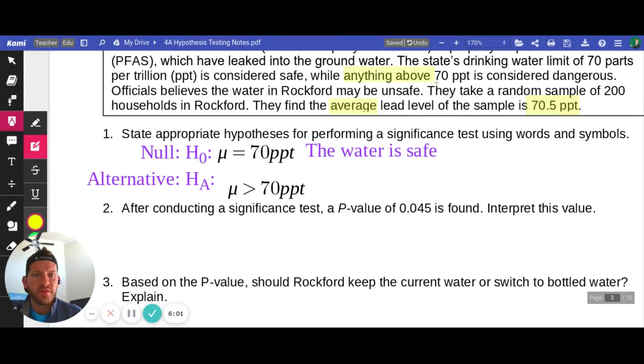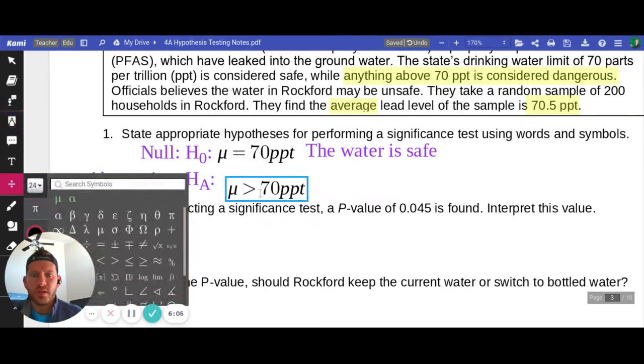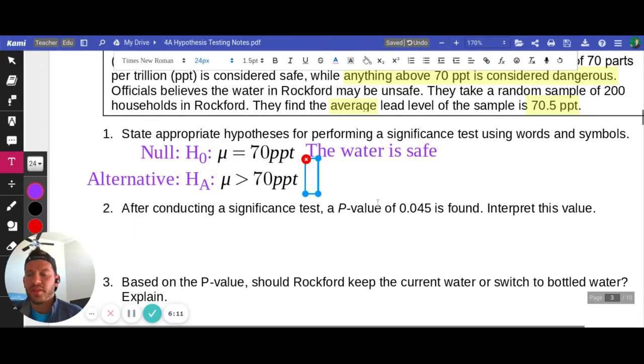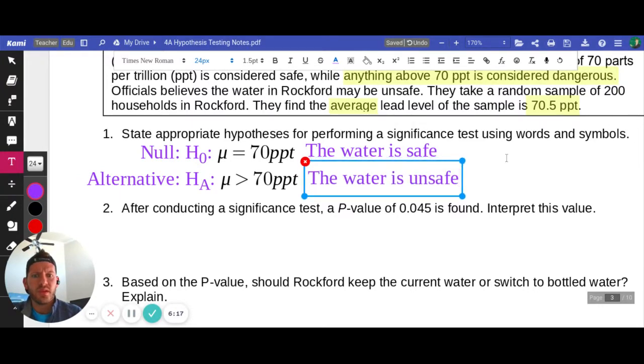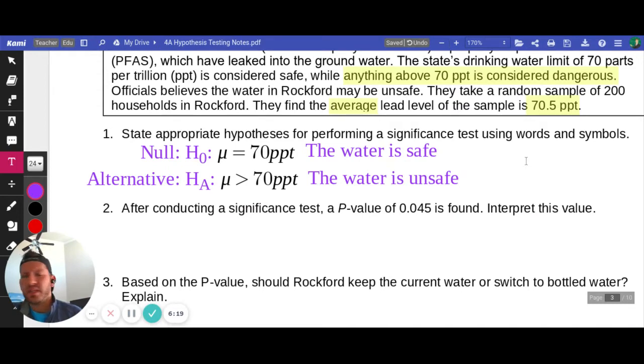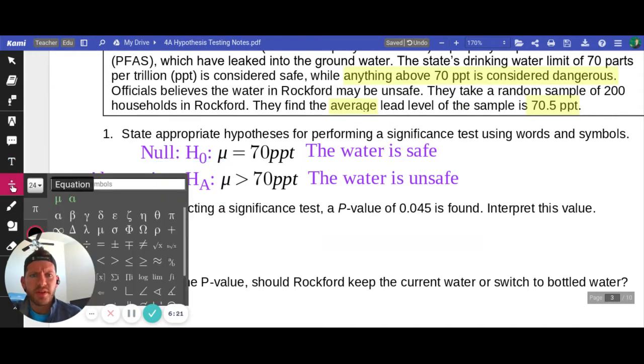Anything above 70 parts per trillion is considered dangerous. So that's our alternative hypothesis. If this is true, then the water is unsafe. I believe we also need to note here that typically we have a significance level alpha of 0.05 or 5%.